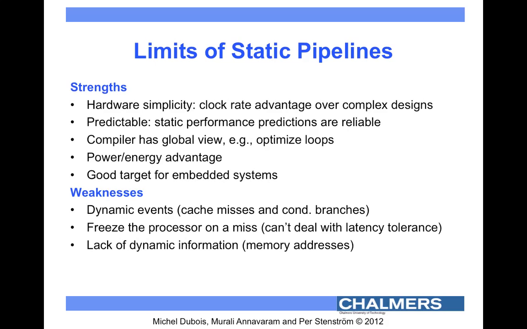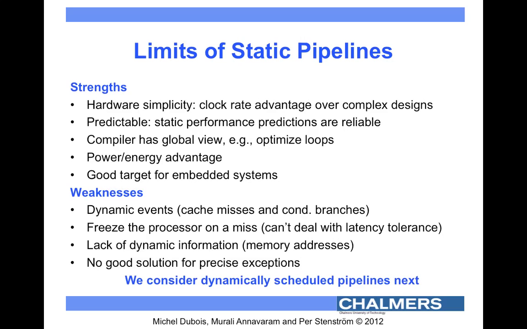And of course the compiler's lack of all the dynamic information will limit its ability to do a good job at code scheduling, for example with memory addresses. And there is no good solution for precise exceptions. Okay, so we will now consider dynamically scheduled pipelines next.